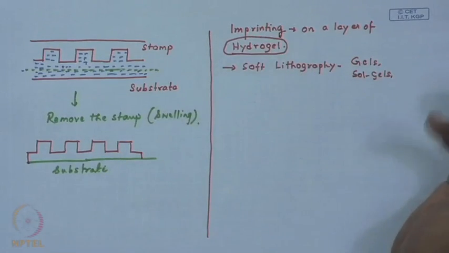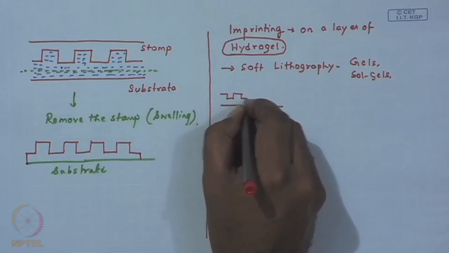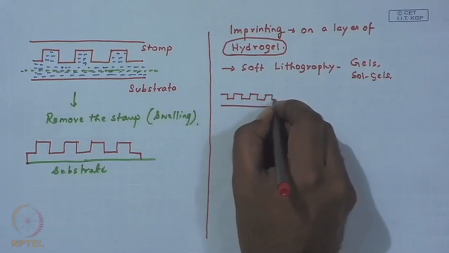This is a soft swollen polymer network which contains a lot of water. So, if you remove the water in a controlled fashion, you observe a significant amount of shrinkage of this hydrogel layer. So, in this particular method, what was done is that so soft lithography has been pretty routinely used for patterning hydrogels, not a great deal, but typically people have used soft lithography to pattern a thin layer of hydrogel.